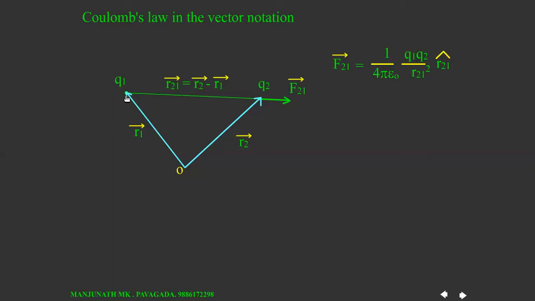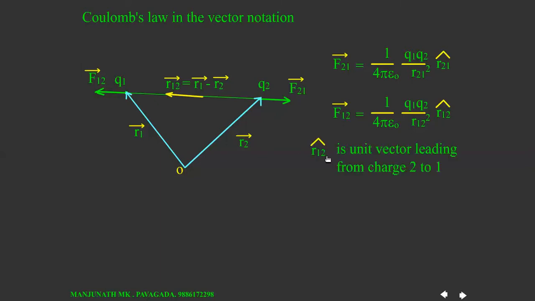Now let us consider the force on q1 due to q2. This is given by F12 is equal to 1 over 4 pi epsilon naught q1 q2 divided by r12 square into r12 cap. r12 is the unit vector in this direction. r12 leads from charge 2 to 1, that is from 2 to 1. r21 leads from charge q1 to q2, that is in this direction.